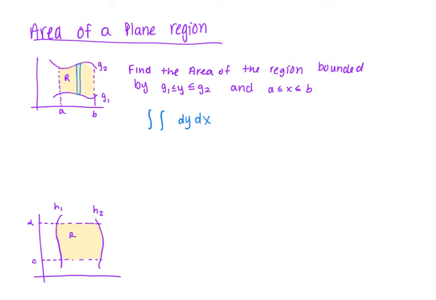And so my y integral goes from the first function to the second function. So it goes from g1 to g2, like that. And then my second boundary with respect to x goes from a to b. So this is just practice setting up your integrals.